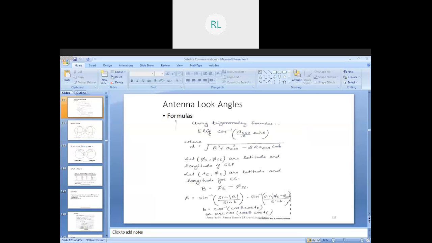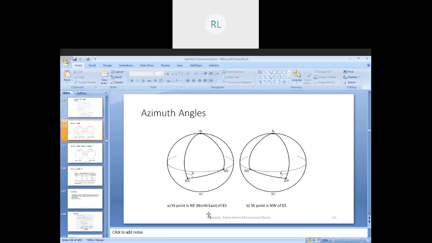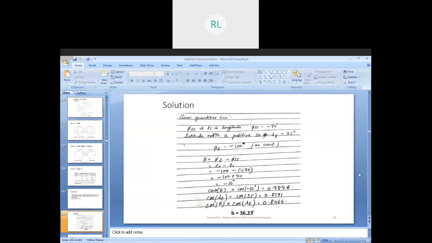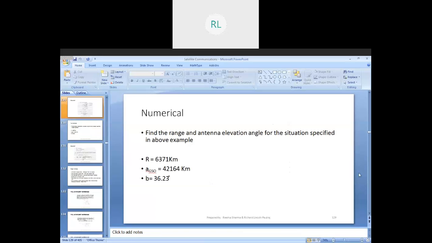So if we calculate 180 degrees minus A, where A is 17, we get about 162.9 degrees. The only thing you have to remember is these conditions. You have to check what your lambda e is, what your B is, and what you have to do to calculate your azimuth angle, and most importantly these formulas: elevation angle, d, then A, capital B, small b.